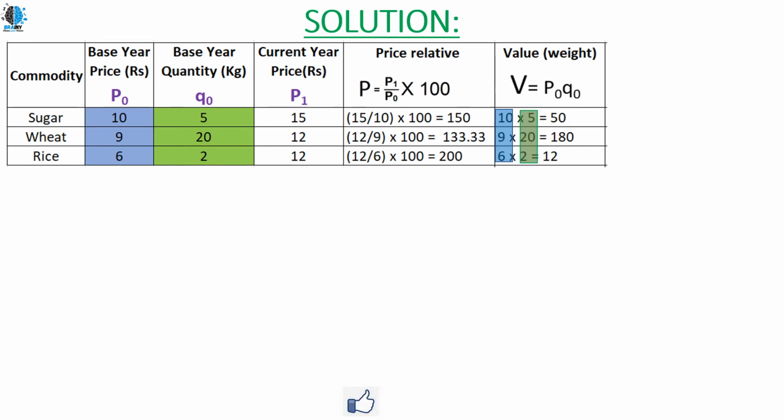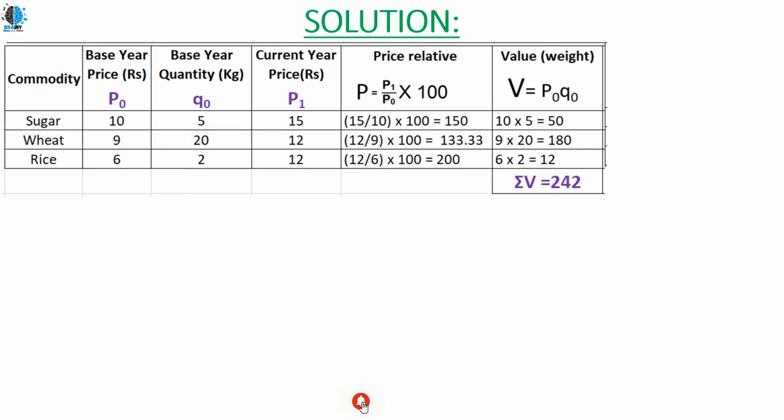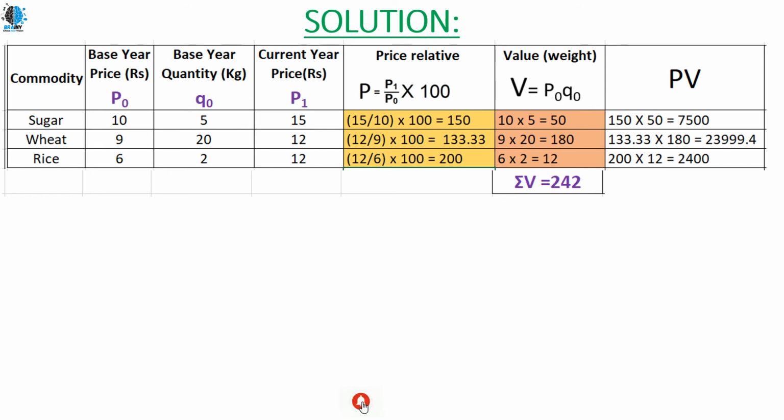Now next we have to multiply P and V. Before that I have just taken the summation of V. Summation of V is equal to 242. Now I am going to do the multiplication of P and V. I have highlighted them in colors here. What is our P value? 150, 133 and 200, and V value 50, 80 and 12.